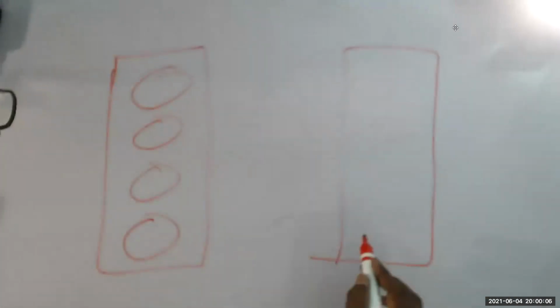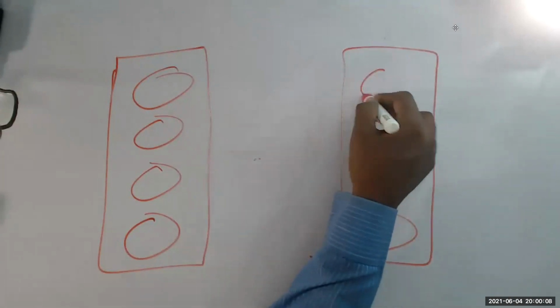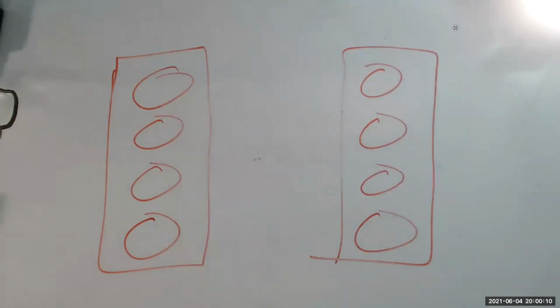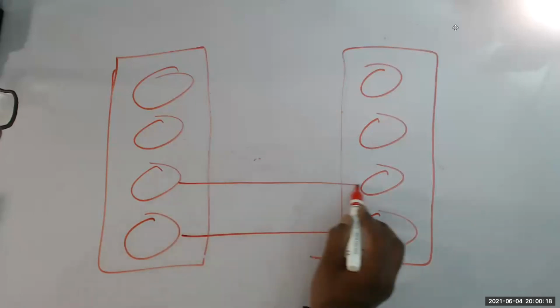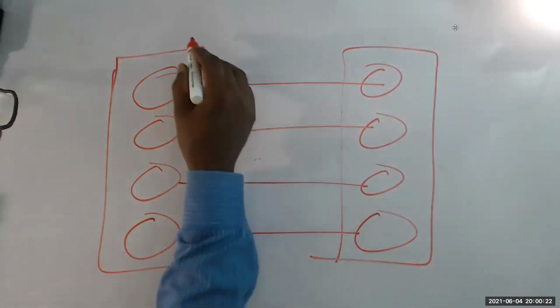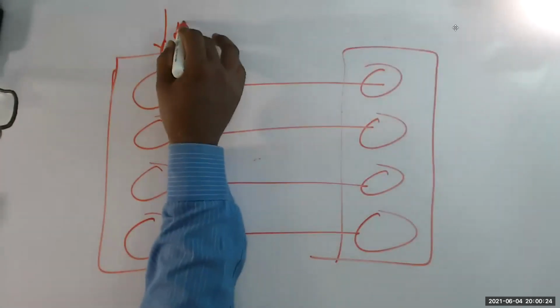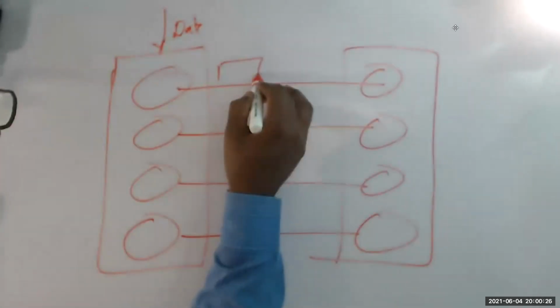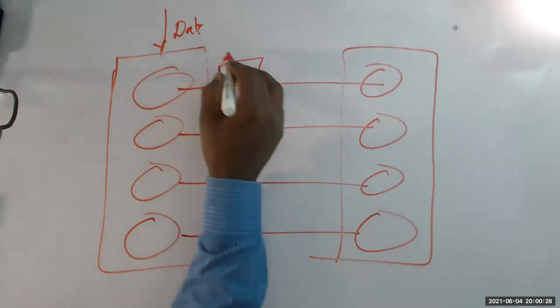Now, one thing is not clear to everybody: how these things are exactly used. Now we know everybody's responsibilities are very clear. This guy is having data. He gets data, let's say D1.